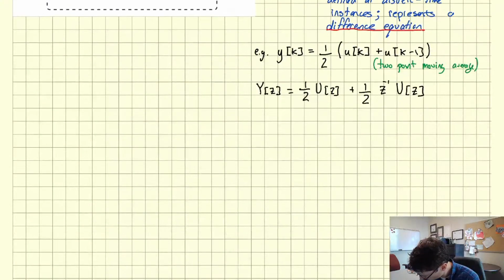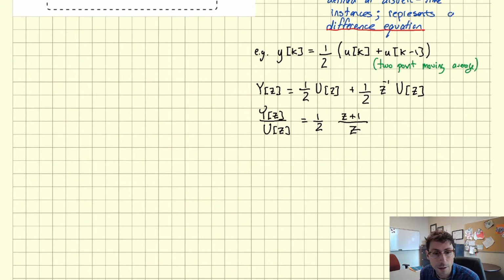So in this case, our transfer function is 1/2 times z plus 1 over z. Okay? So that's what the plant is, right? It's an underlying system which is modeled by a linear difference equation.